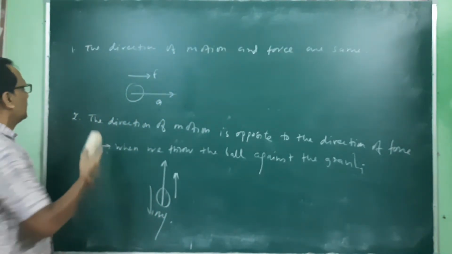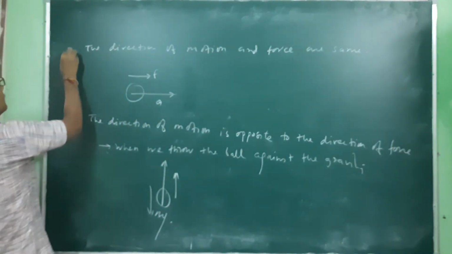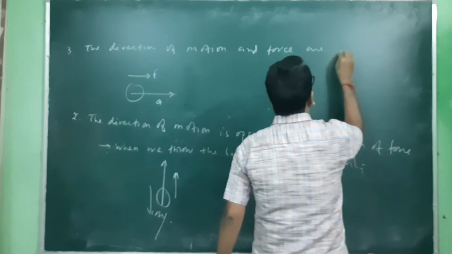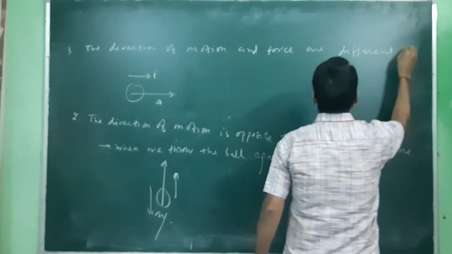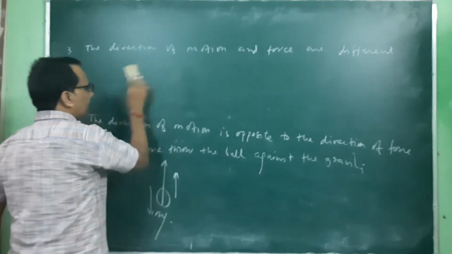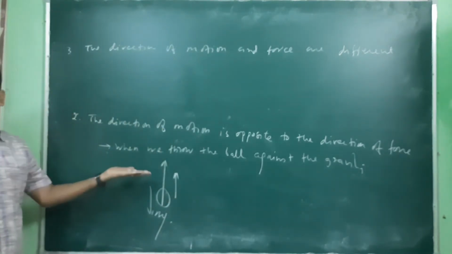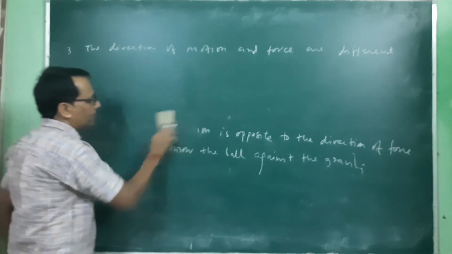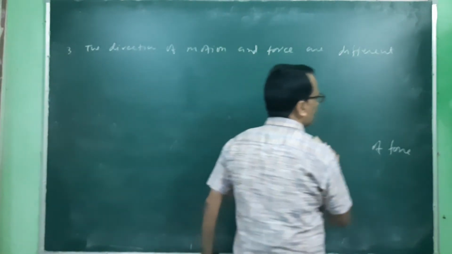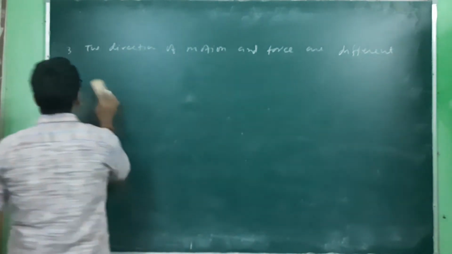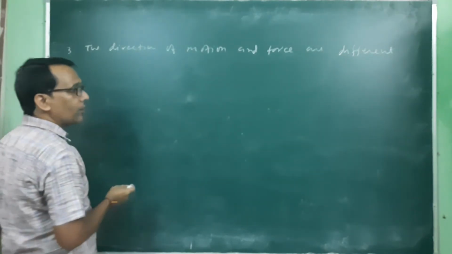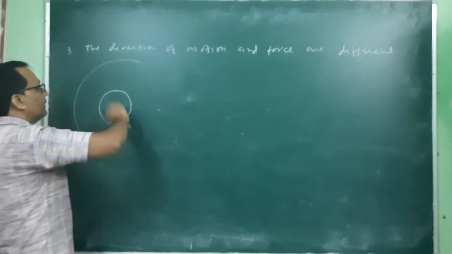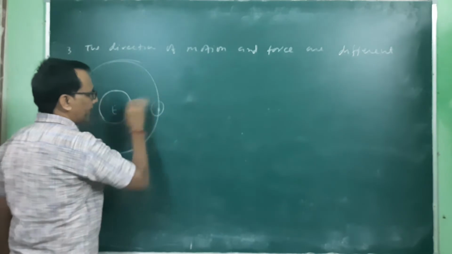Now third, the direction of motion and force are different. Not exactly anti-parallel or exactly opposite, but it's different. So in circular motion, if this is our earth, and in the orbit, moon is moving.